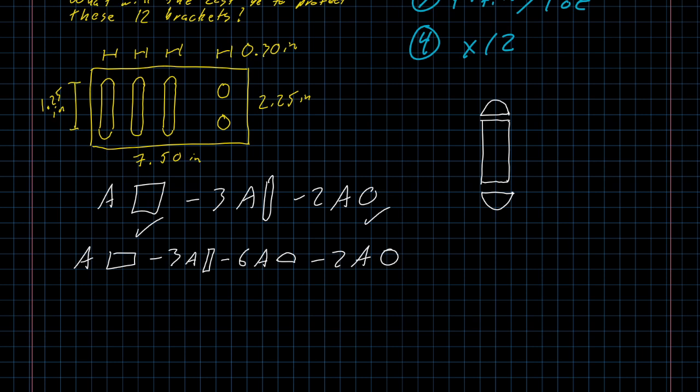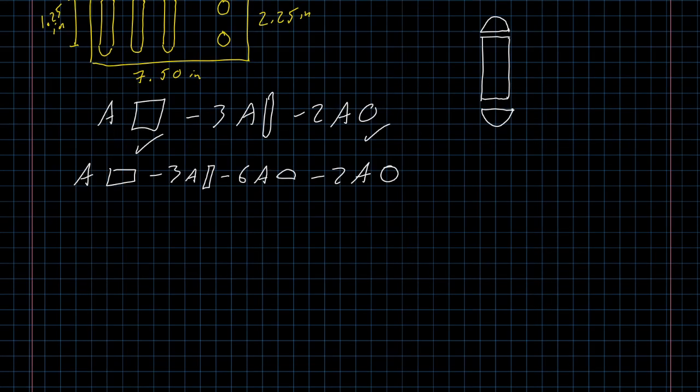If you think about it a little bit more carefully, 6 of the half a circle is 3 full circles.